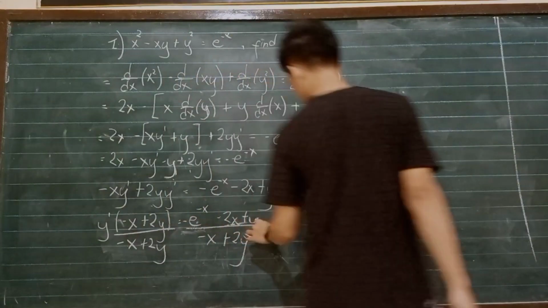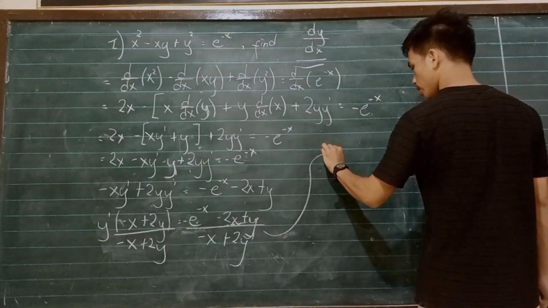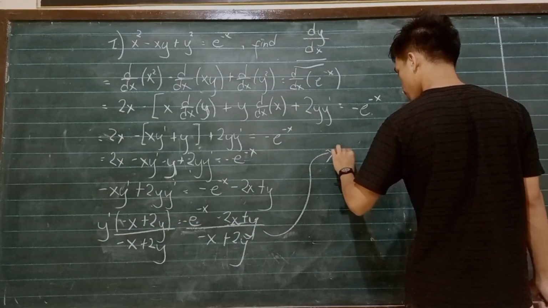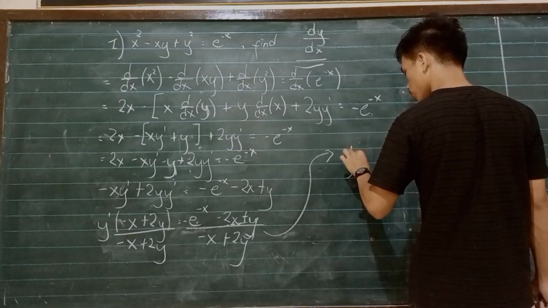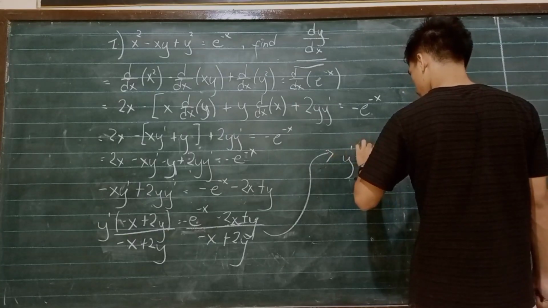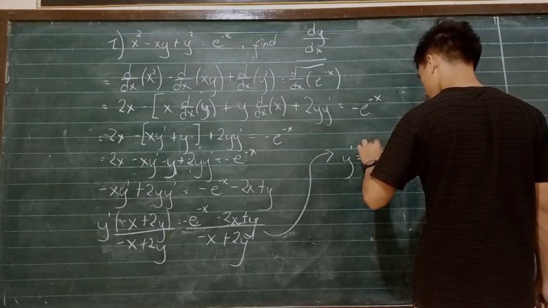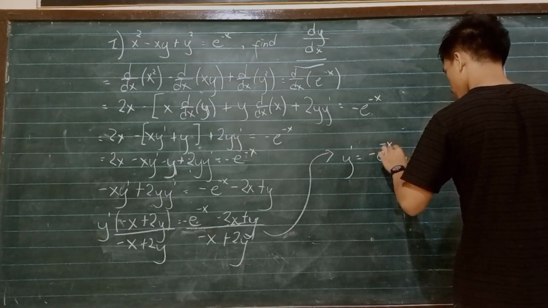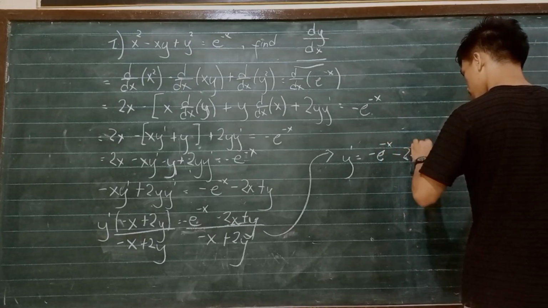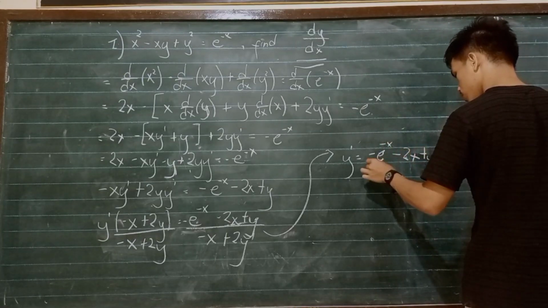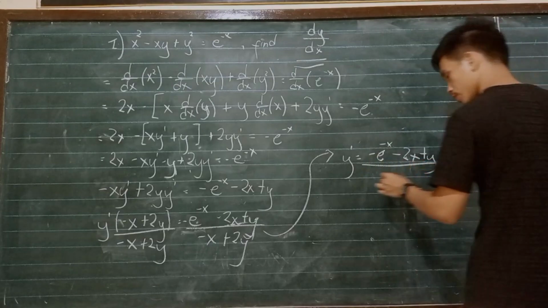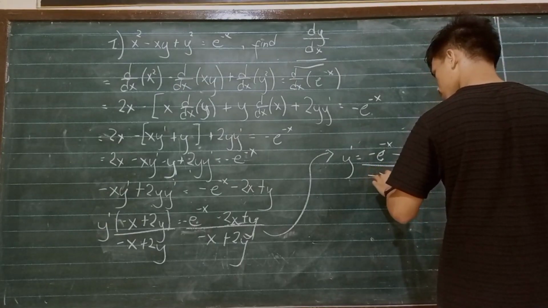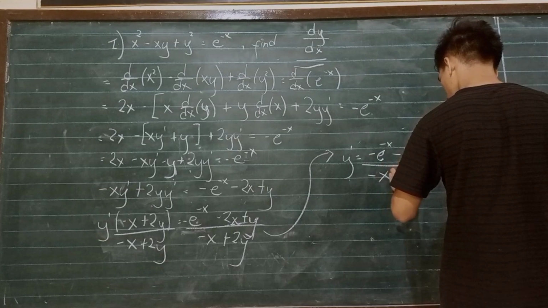And this will come up to an answer of y prime is equal to negative e raised to negative x minus 2x plus y over negative x plus 2y.